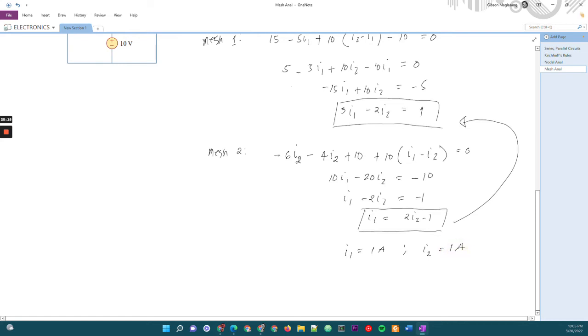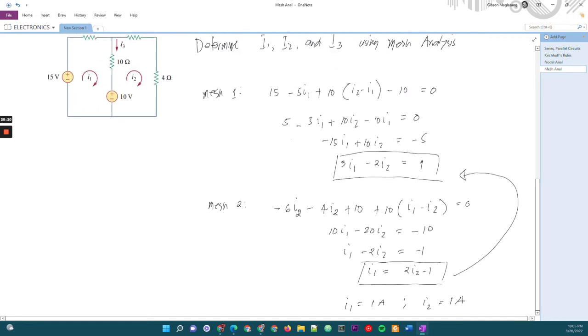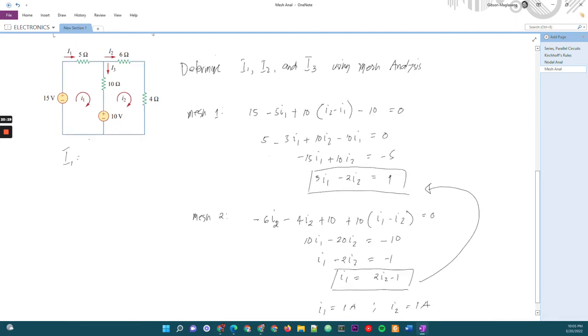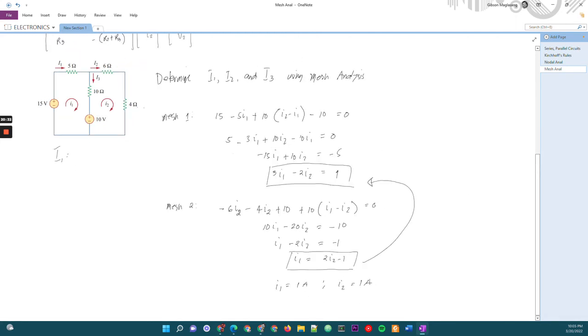Okay, so having known this one, automatic na siya na from here I1 is just I1, na ang capital I2 is I2, and then the capital I3 is just I1 minus I2.